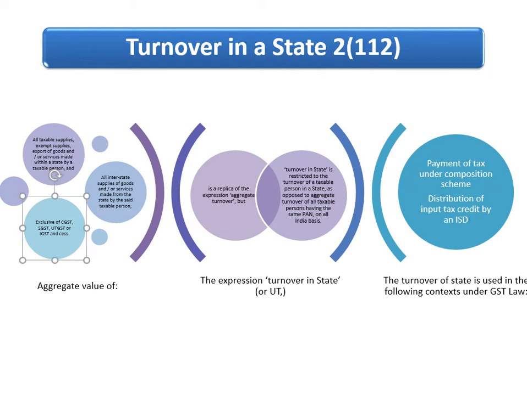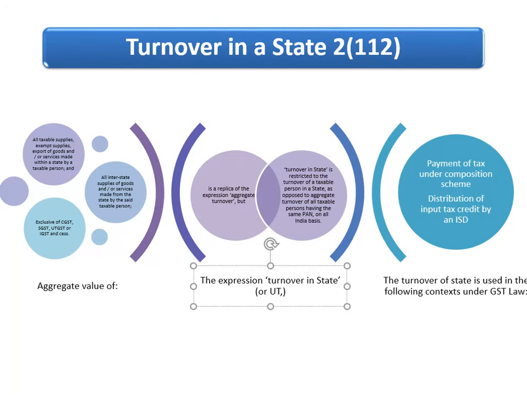It excludes any kind of CGST, SGST, UGST and IGST. All interstate supply of goods and service made from the state by the said taxable person. The total value of such will be the turnover in state.